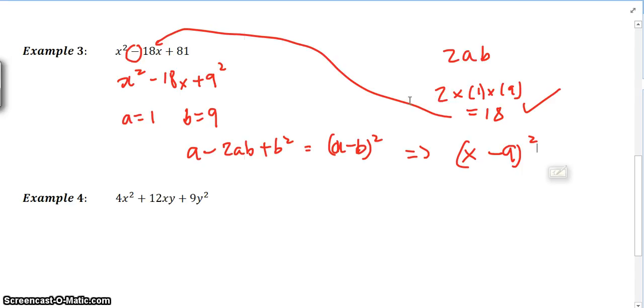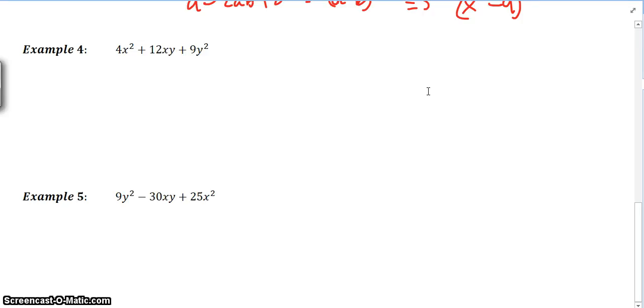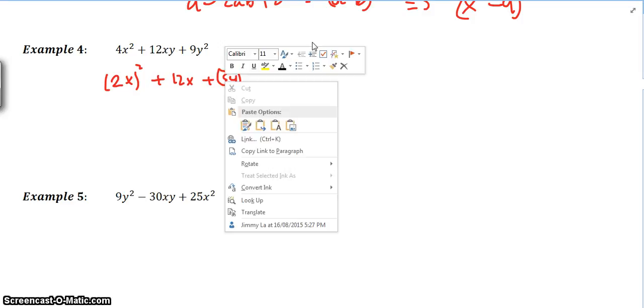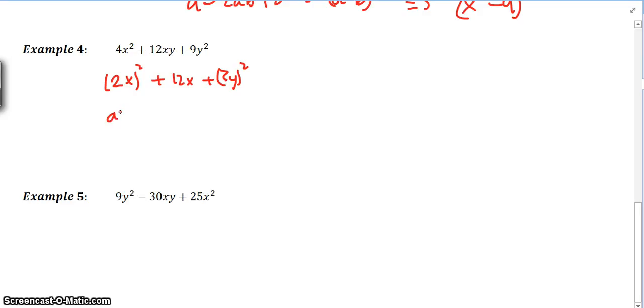Now let's look at the next few questions. They have a different coefficient in front of the x squared. Let's rewrite this as (2x) squared plus 12xy plus (3y) squared. From here, if we label our values, our a value is 2 and our b value is 3.